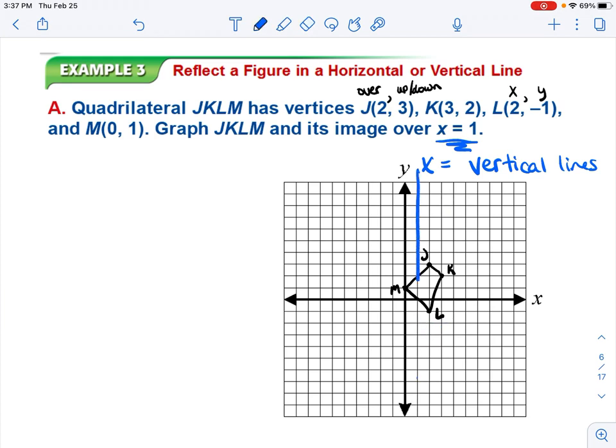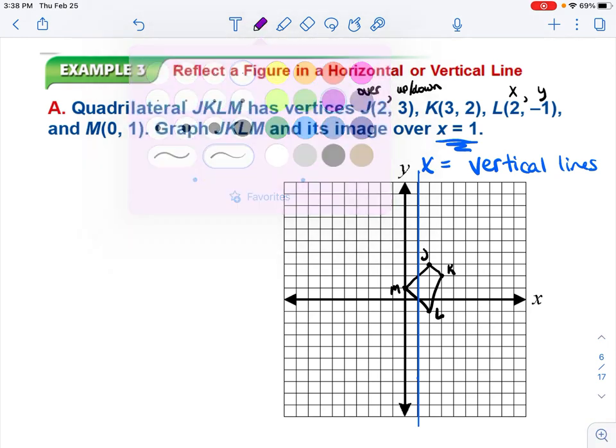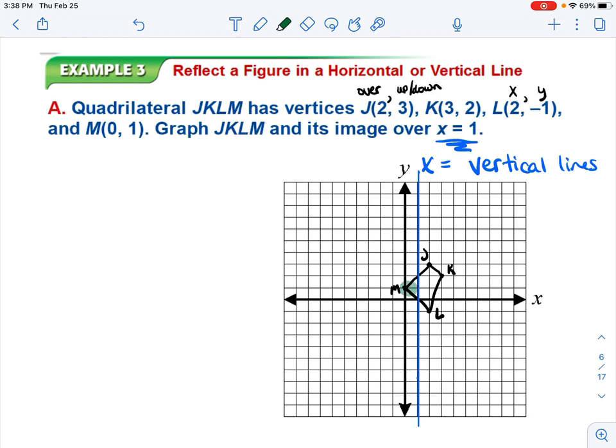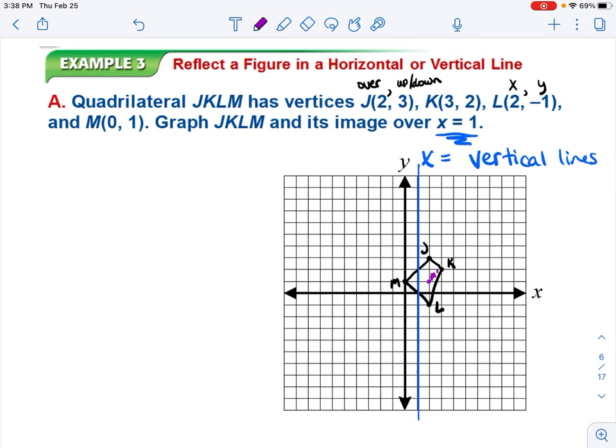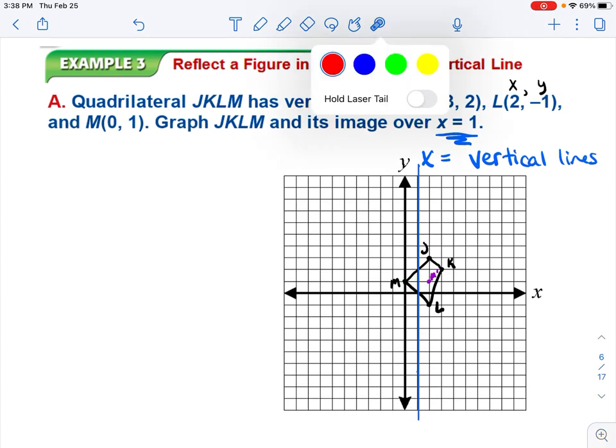Okay? So I have that line of reflection here. Now I just need to reflect across it. Okay? So my image, it's as easy as counting. M is 1 square away from the line of reflection. So M prime is going to be 1 square away from that as well on the other side. J is also 1 square away right here.